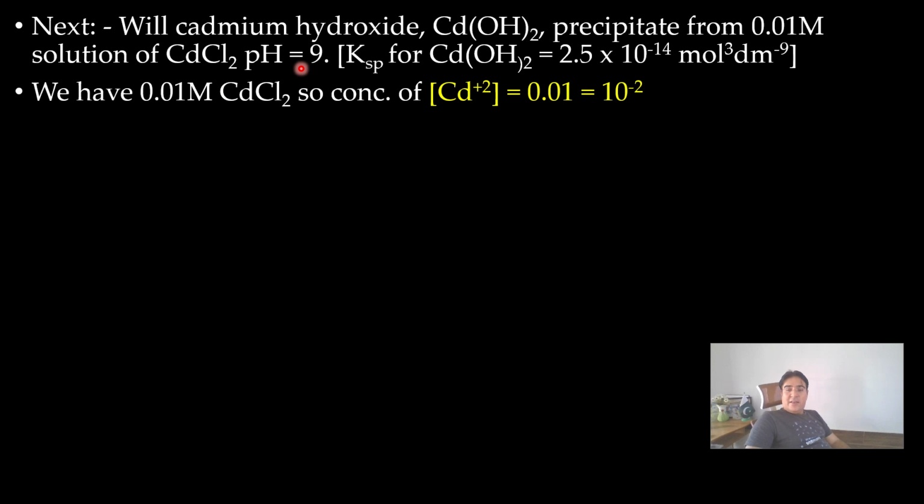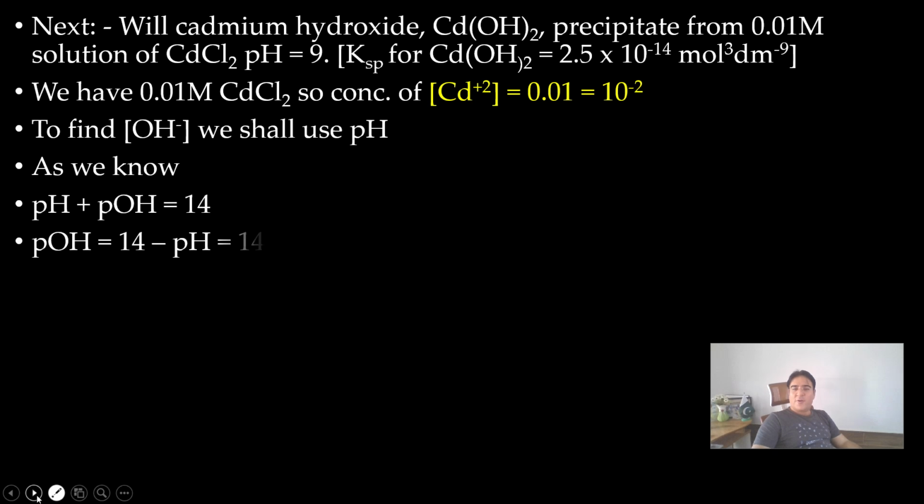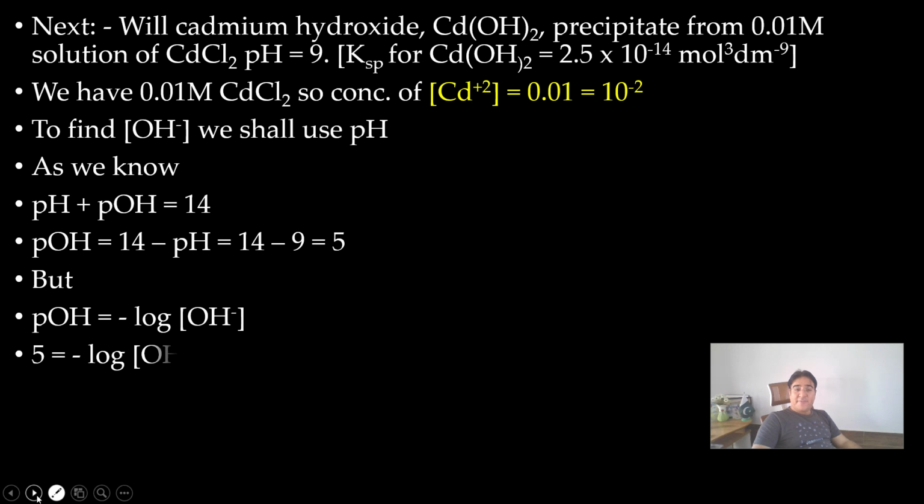If pH is 9, you just subtract from 14, the answer is 5. OH ion will be 10 power minus 5. If pH is, let's say, 10, it will be 4. If pH is 11, 3, 10 power minus 3. So it's a similar roadmap, just follow the same over and over again. And if pH is 9, pOH is 5, then OH minus ion is 10 power minus 5.